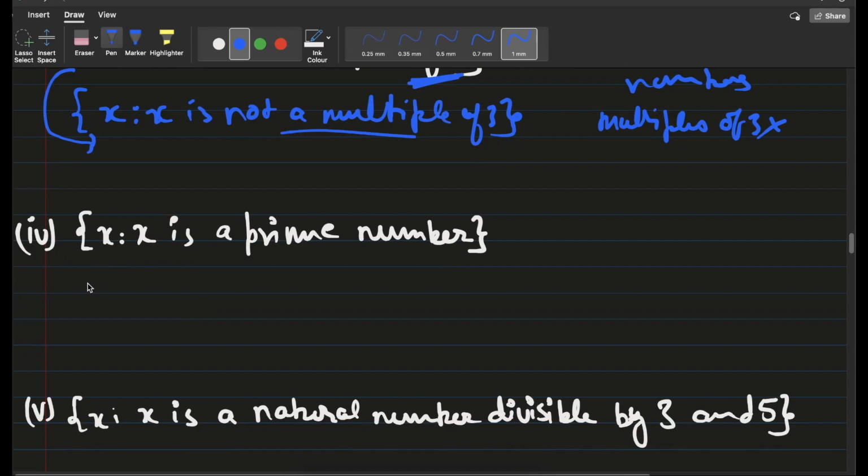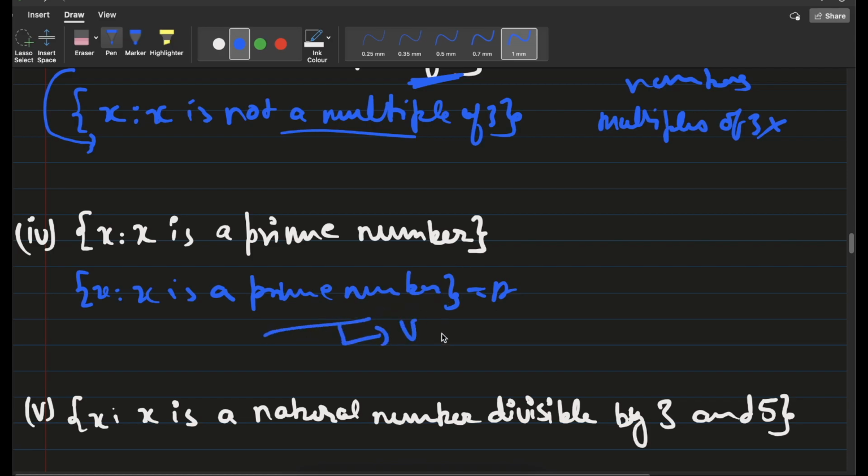Now in this case also, x such that x is a prime number. This is our A. Right. So now if we remove prime numbers from our universal set which belongs to natural numbers, what would be left? Composite numbers, right?